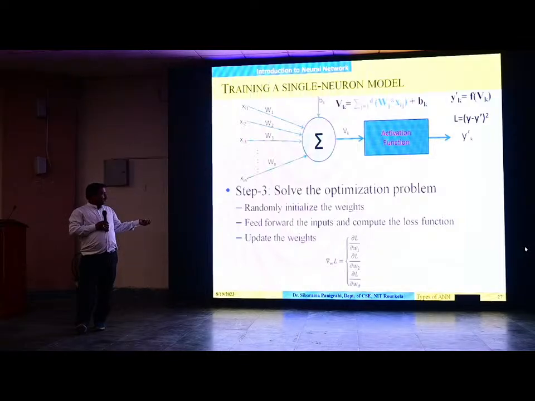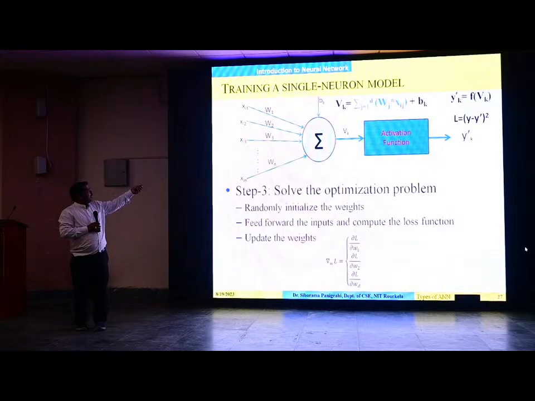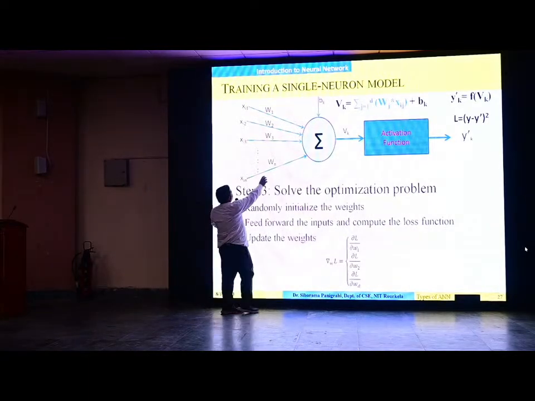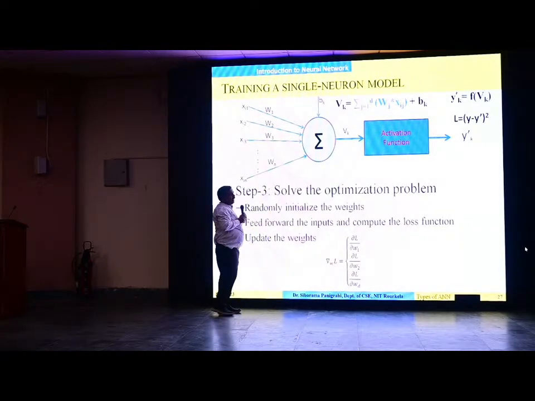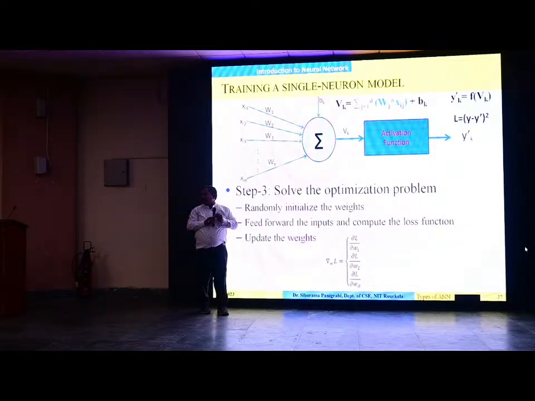Then what we will do? Feed forward the inputs and compute the loss. So you see that these weights I have randomly initialized, right? Next, input we know, because in your case, the input is height, you know the input. So that height you can multiply with the randomly initialized weight, yes or no?